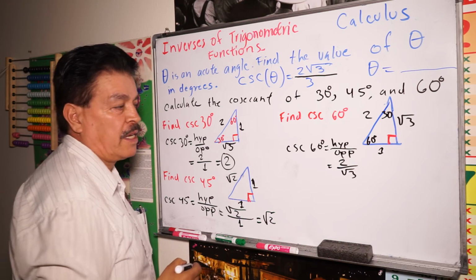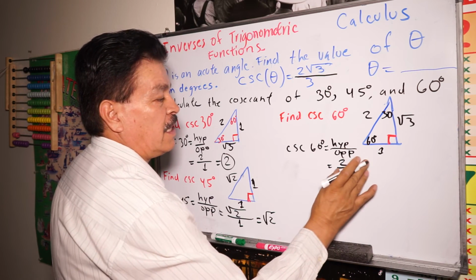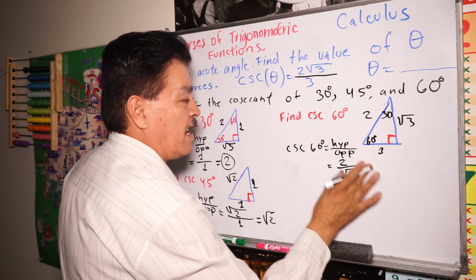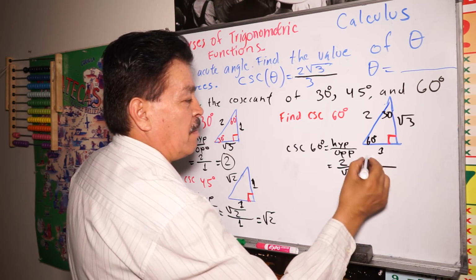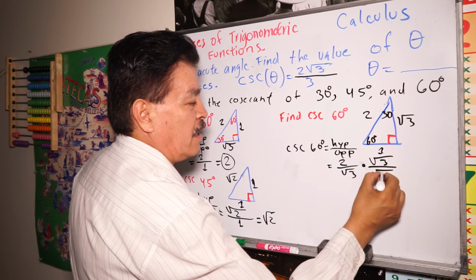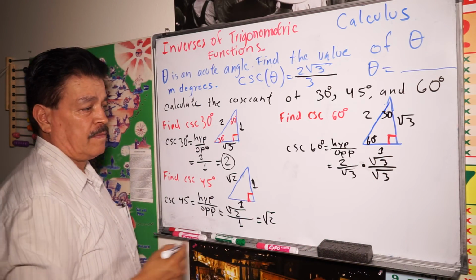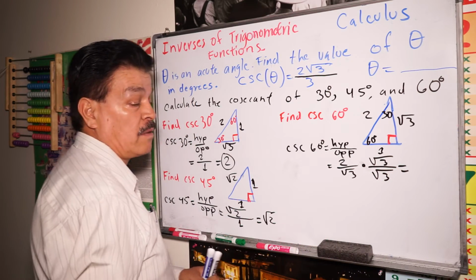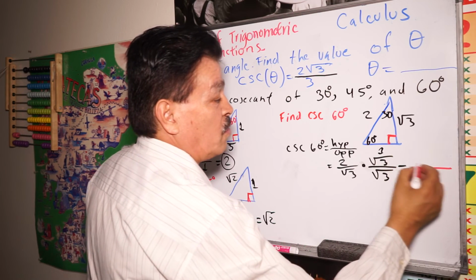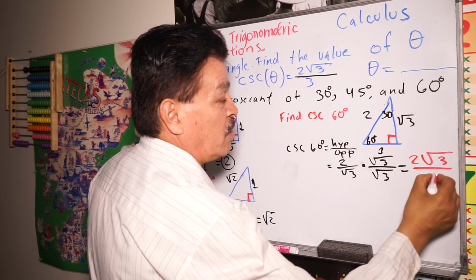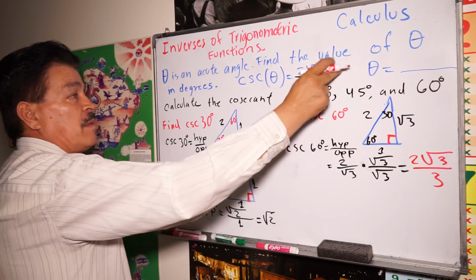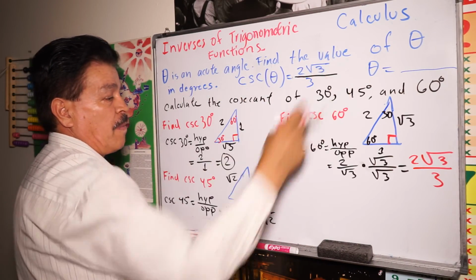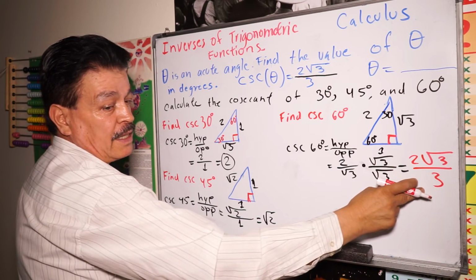So what is the answer? We have to multiply by square root of 3. This is very important. The answer is going to be 2 square root of 3 divided by 3. Remember the problem, that we are looking for the value of this angle. Actually, this is the answer.